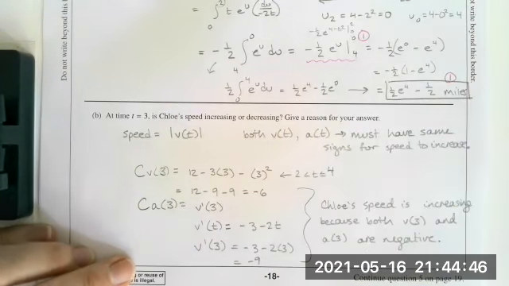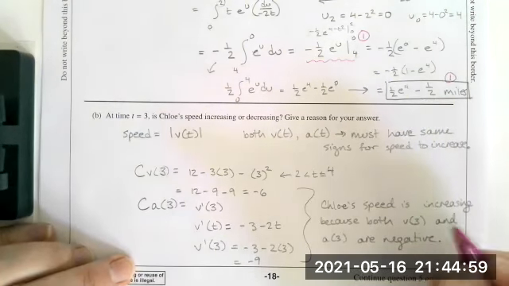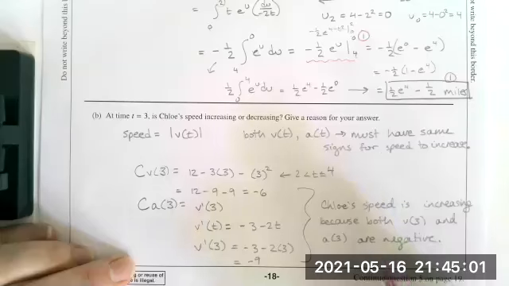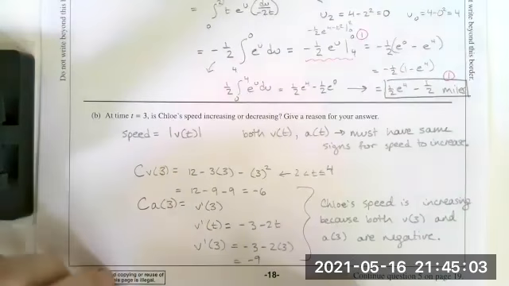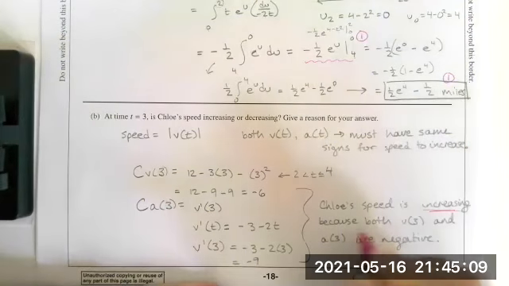The reason I put that is because it says give a reason for your answer. So let's look at this. For the 2 points given in this problem, we have to have an answer here. But it's not just to say increasing or decreasing. If you say just increasing or decreasing, you don't get any points at all. You have to have a reason. So it is increasing with reason.